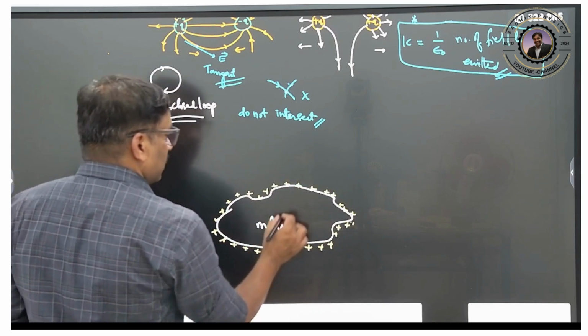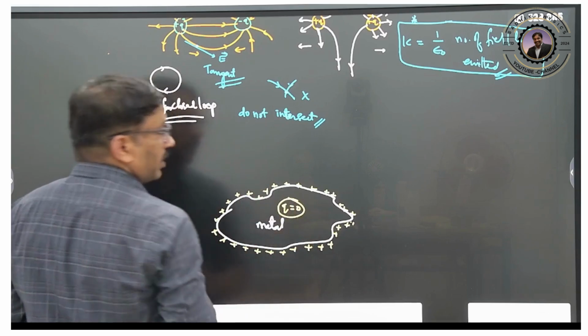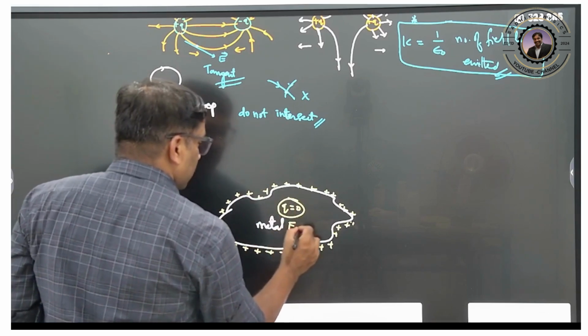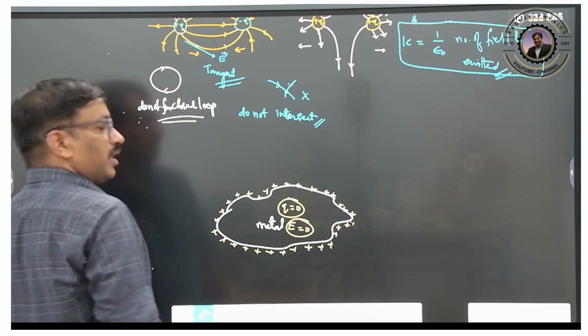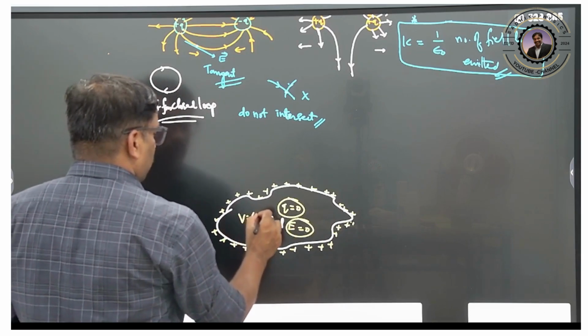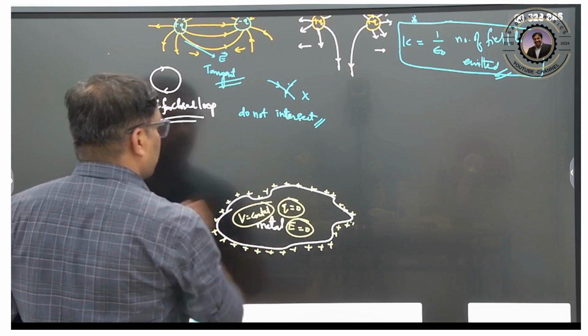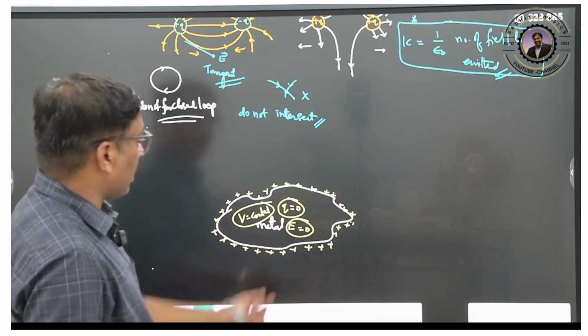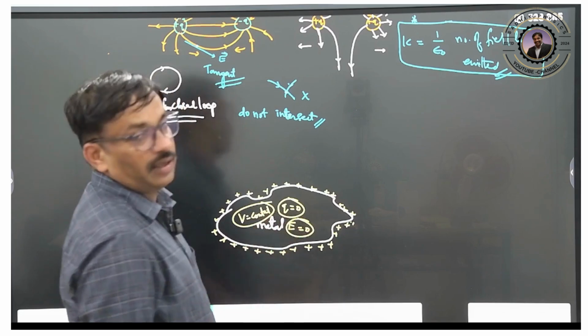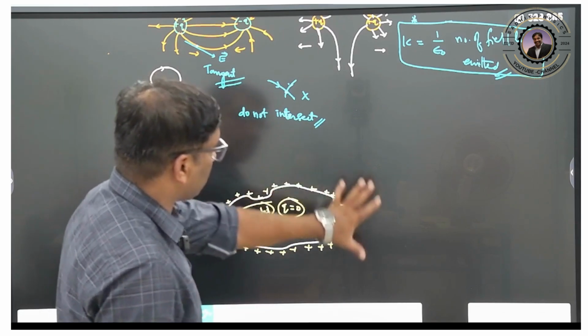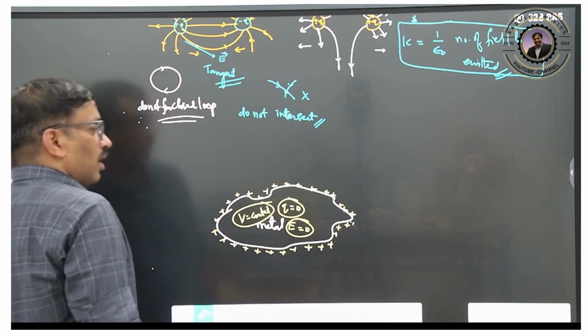What will be the charge inside the metal? The charge inside the metal will be 0. What will be the electric field inside? The electric field inside will be 0. What about the potential? Potential will be constant, which I will discuss when I discuss potential. The electric field will be 0 inside the metal, and the charge is accumulated only on the surface.